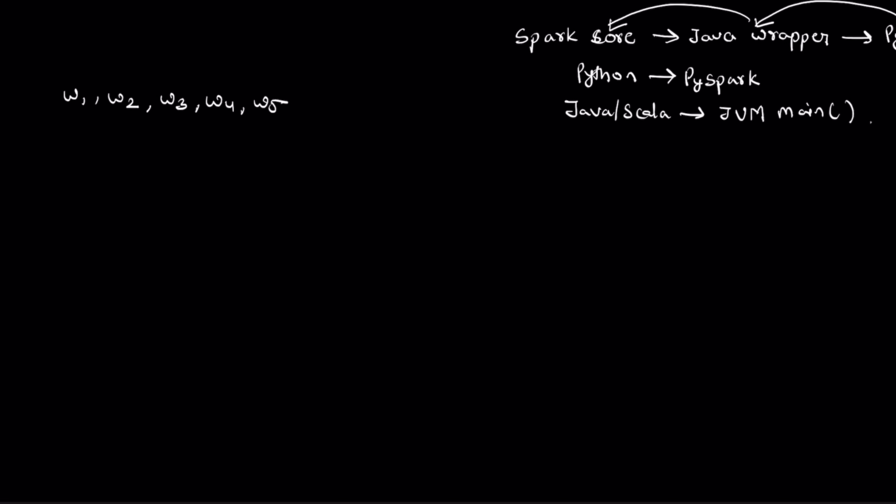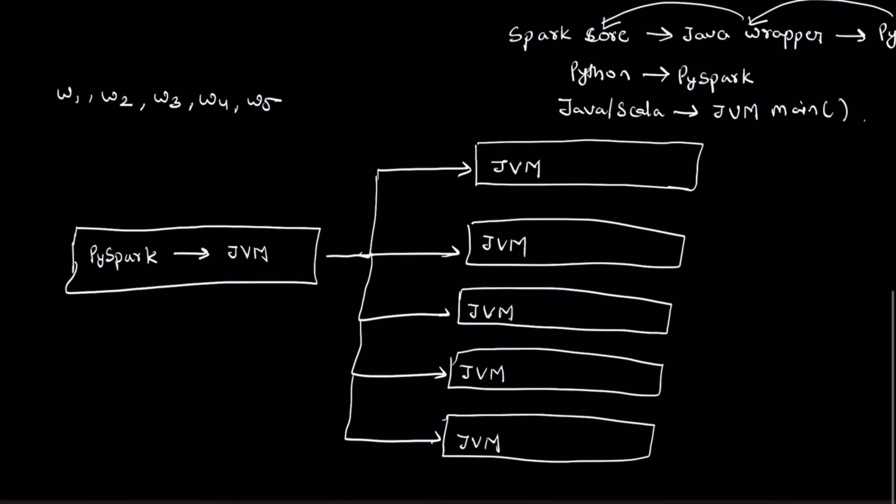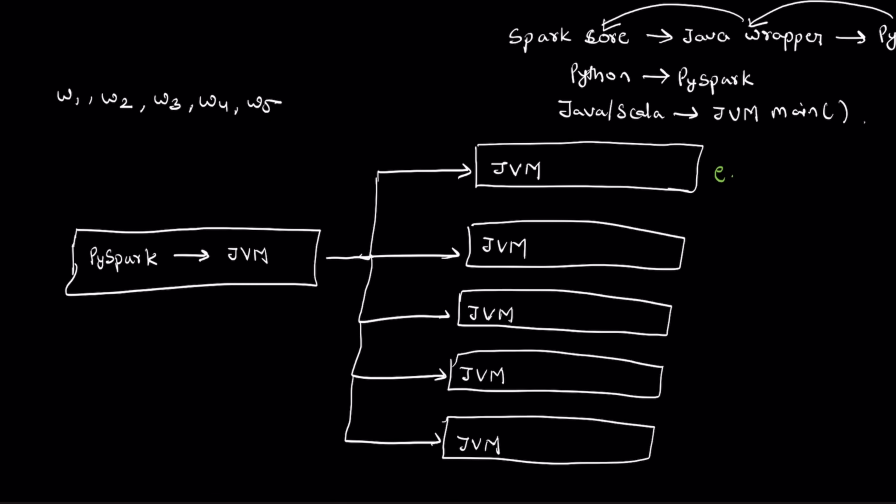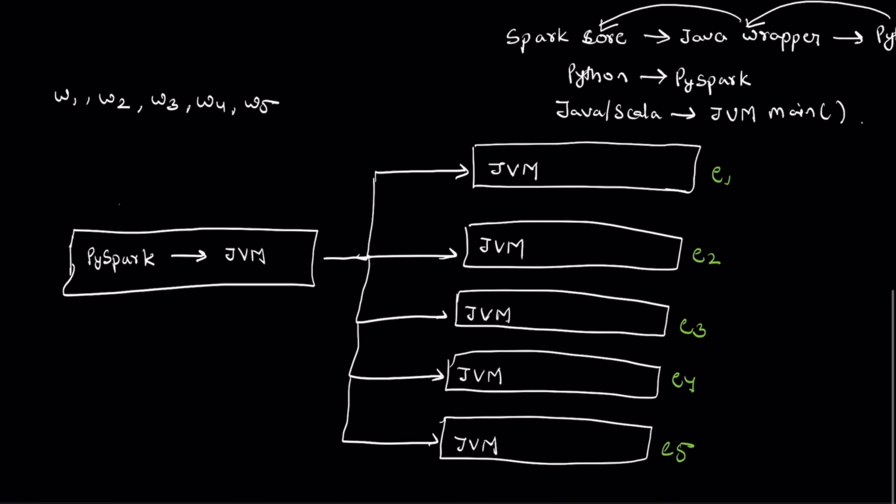These are the 5 executors. We can name them E1, E2, E3, E4, E5, which are created in our worker nodes W1, W2, W3, W4, W5, and they are coordinating with the driver which is created in node W5.